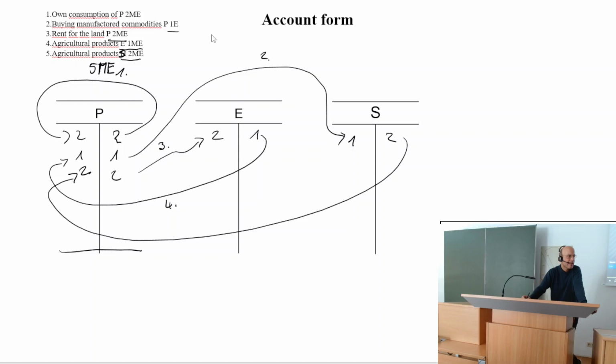Well, if we look at the agricultural sector, we see here 5 and 5. So this is okay. But if we have a look at the capital owners, there this does not equal, and also in the manufacturing sector, it also does not equal.